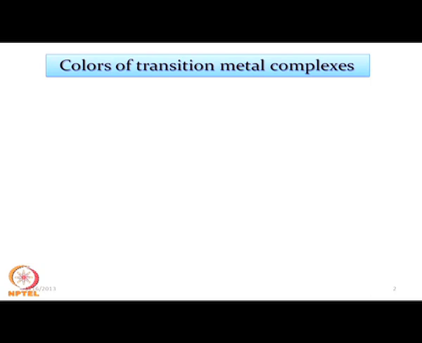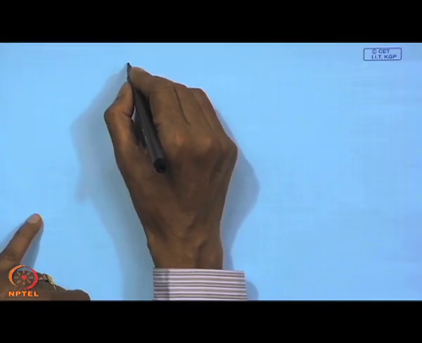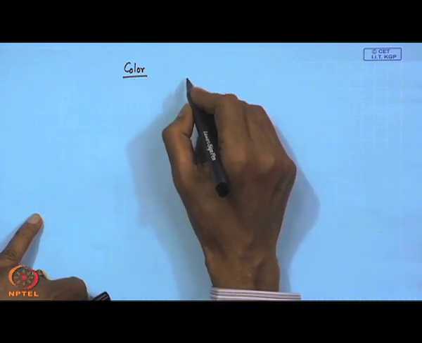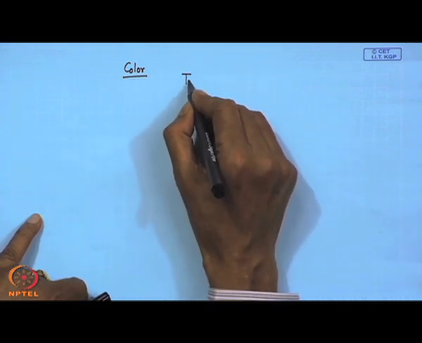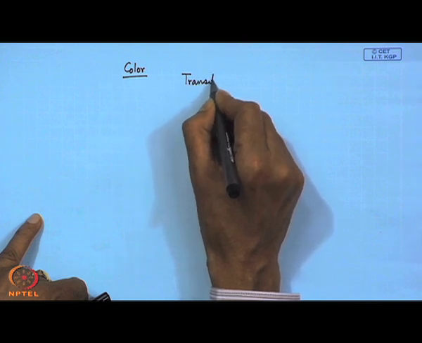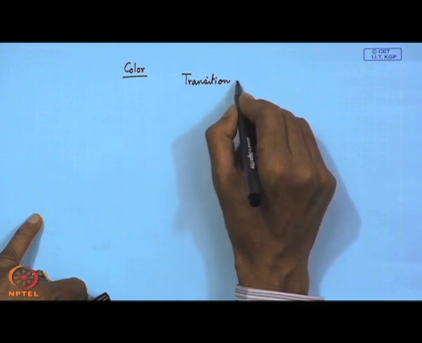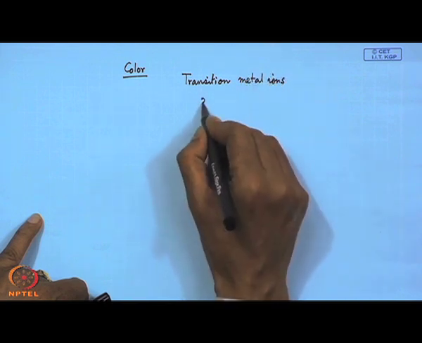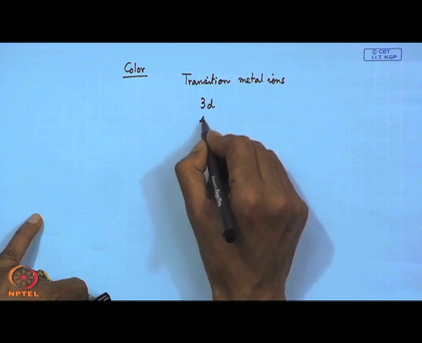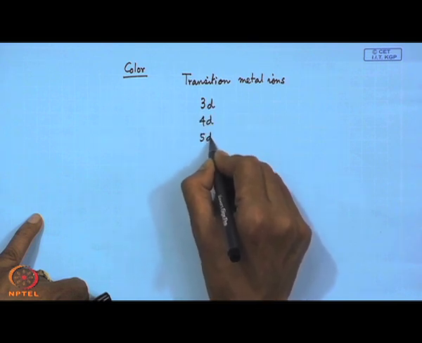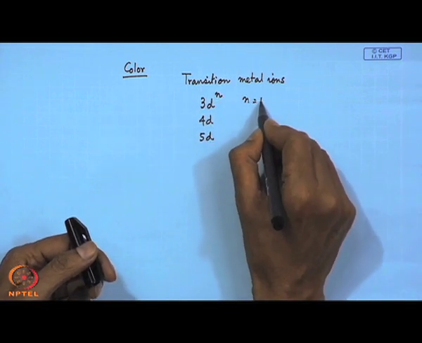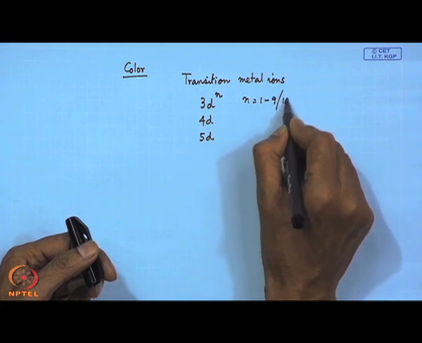How these different colors arise, the very basic thing we know about color, is that we are handling transition metal ions with 3d, 4d or 5d electronic configuration, with n values ranging from 1 to say 9 or 10.